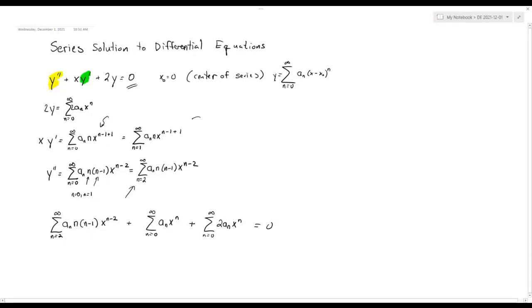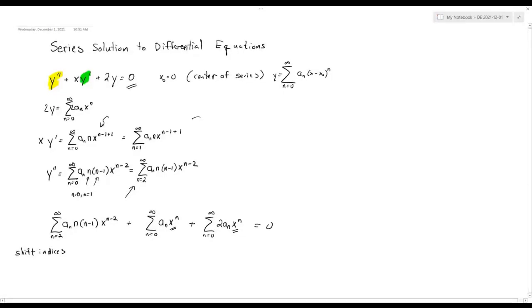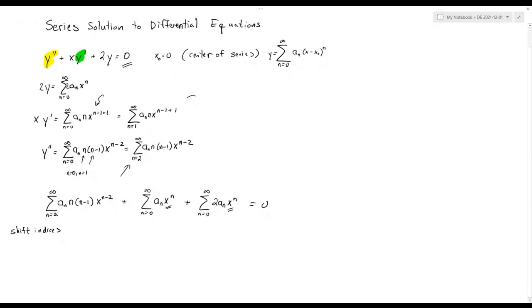And now what we want to do is combine these 3 series into a single series. But in order to do that, all the powers of x must be alike. So let's say we want x to the n. This is not x to the n, so that's a problem. So we're going to shift indices. I'll do this kind of slowly.